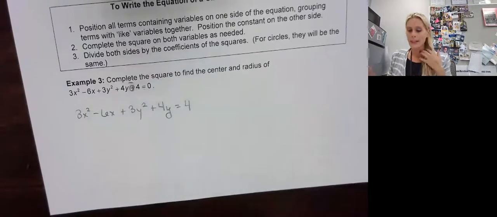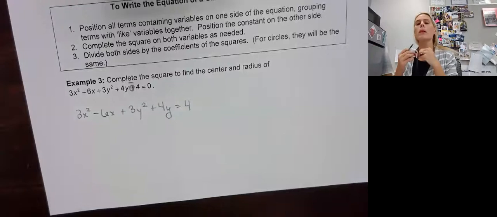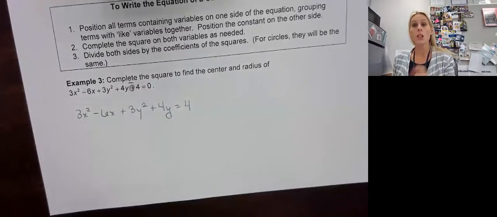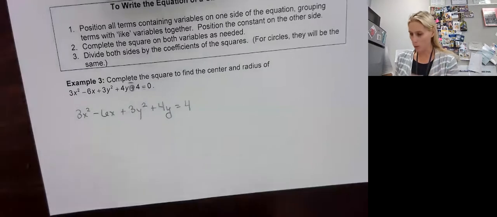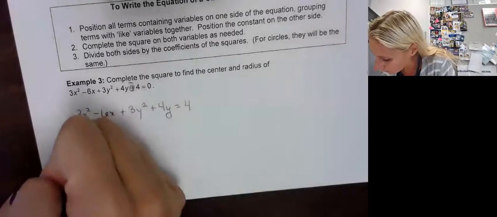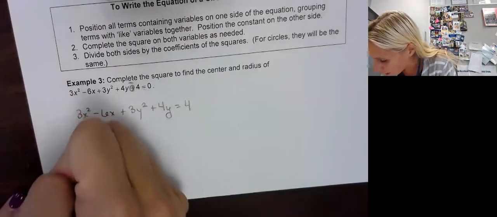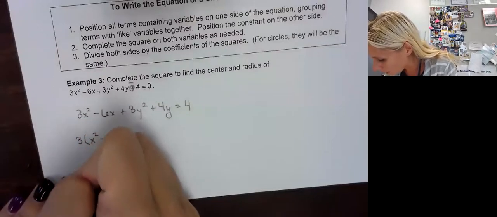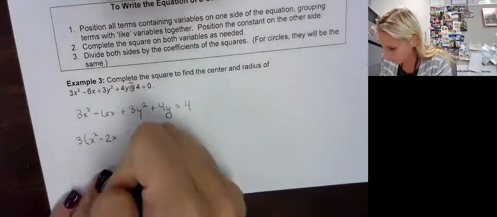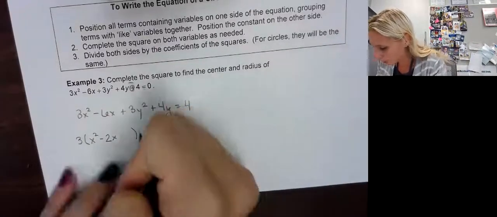Okay. Next, what we need to do is when you complete the square, you want the coefficient, the number in front of x squared and y squared to be 1. So what we're going to do is factor that out. So I'm going to factor out a 3 to the x's, and I get x squared minus 2x. Okay, and then I'm going to leave a space.